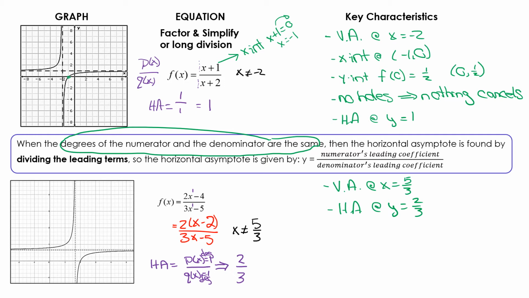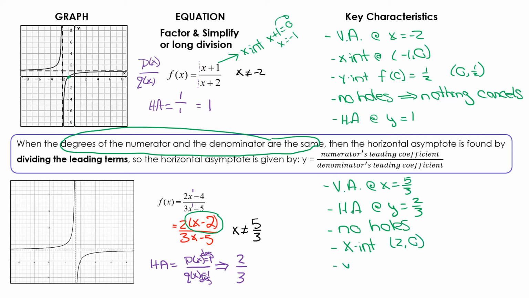What else? We've got no holes, nothing cancels, so we have no holes. What about an x-intercept? We look at the numerator. This factor right here will tell me that the x-intercept is at 2. X-intercept at (2, 0).